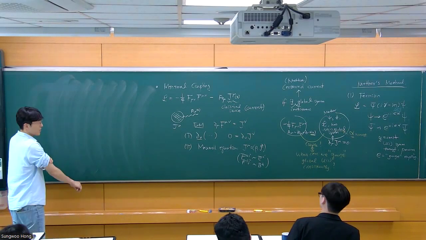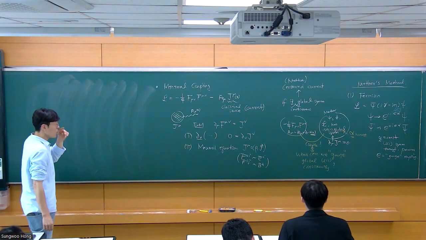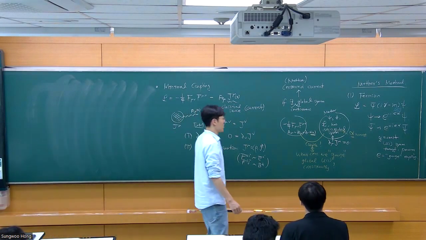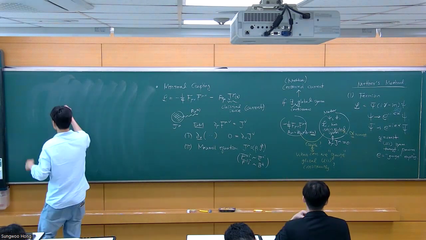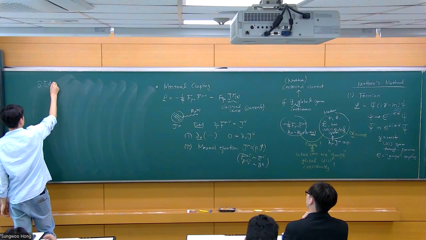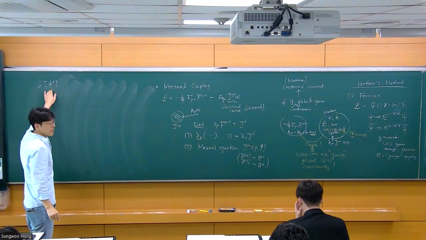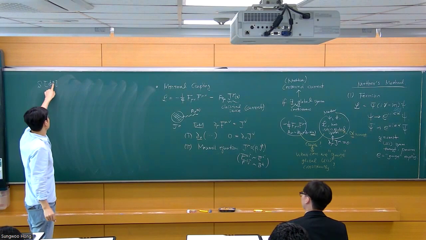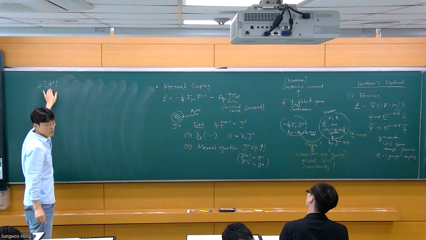Okay, let's continue. Let's see how Noether's method works. One way to think about Noether's current is the following. Suppose I have a quantum field theory action with some arbitrary field. Just to denote an arbitrary field, let me use phi A, where A denotes possibly multiple fields, not necessarily a scalar. I'm just using it as a general field.